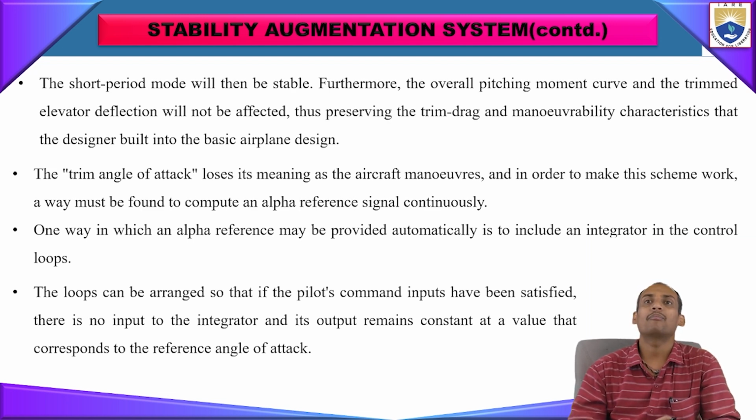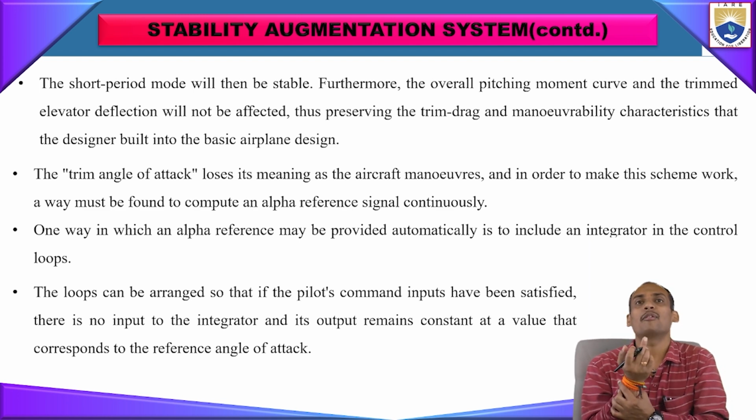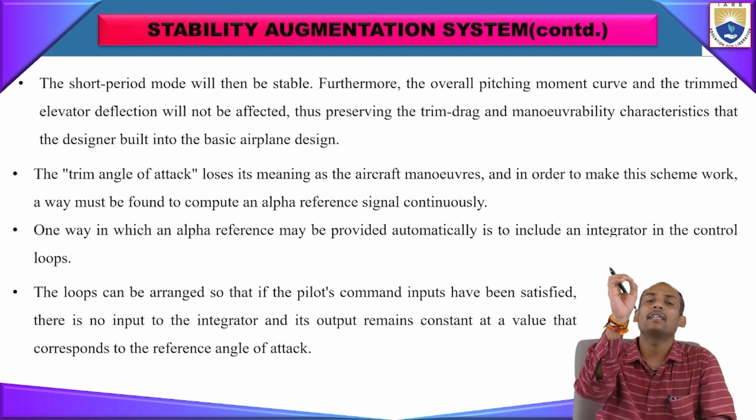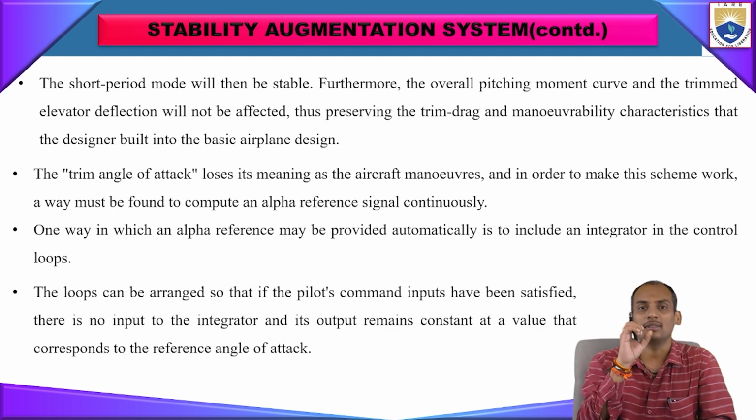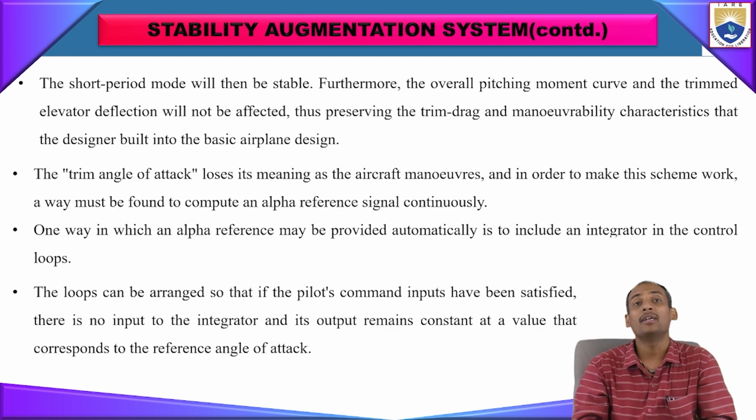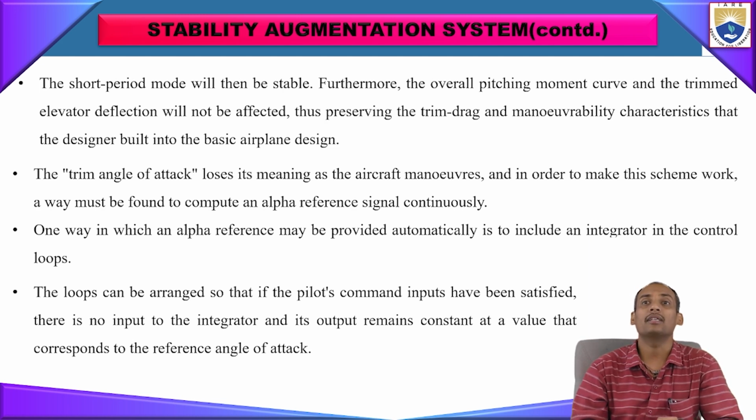Thus, preserving the trim drag and the maneuverability characteristics, the designer has to build the basic airplane design so that these conditions are taken care of also. The trim angle of attack loses the meaning in aircraft maneuvers.